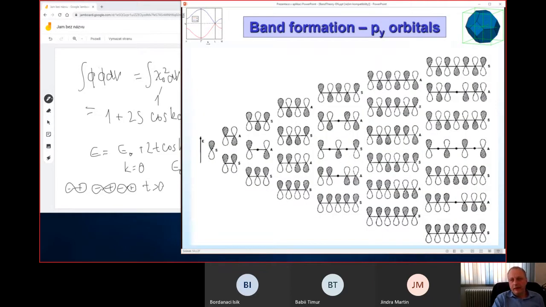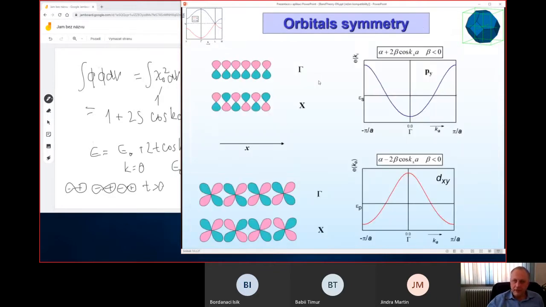And if we calculate the wave function for a given energy, let's say here in the previous case, we can select any point on this curve, and we might ask how the wave function would look for a given k point. So we already know the simplest cases at the gamma point and X point.